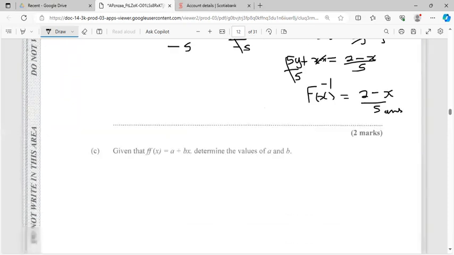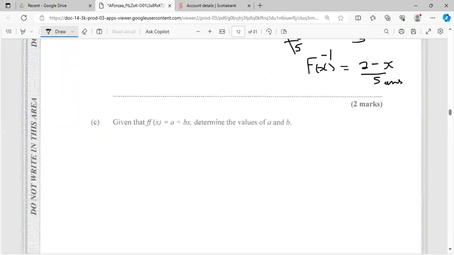It says, given that f of x is equal, so they want us to combine the two functions and then they want us to determine the values of a. Alright, so recall f was 2 minus 5x. So they want us to combine the function with itself.